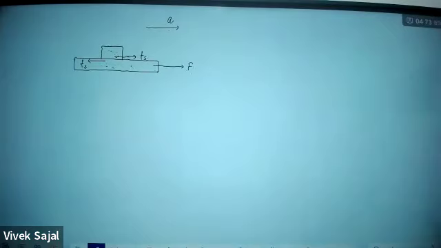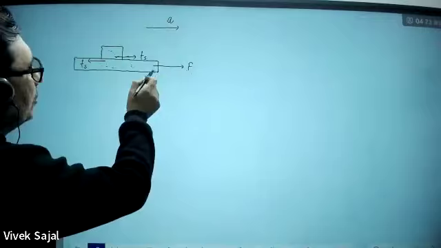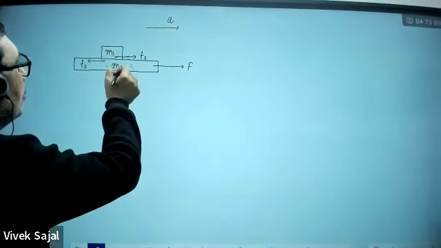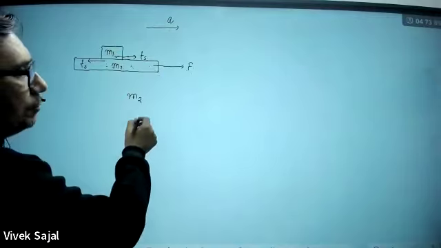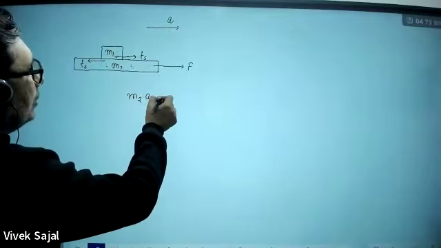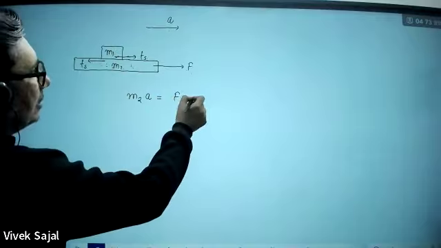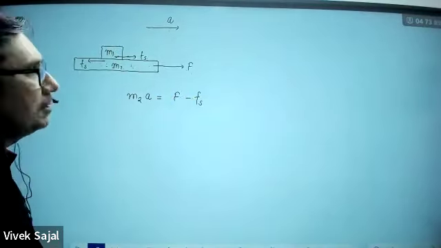This is Fs. Now how can you describe their motion together? This is m1, this is m2. So for the lower block, mass is m2, acceleration is a, who is responsible? This F, minus the opposing force Fs.